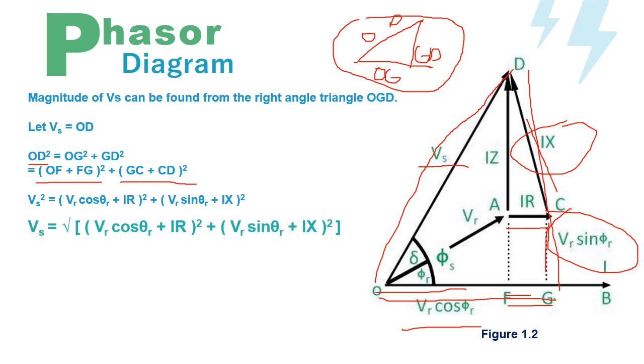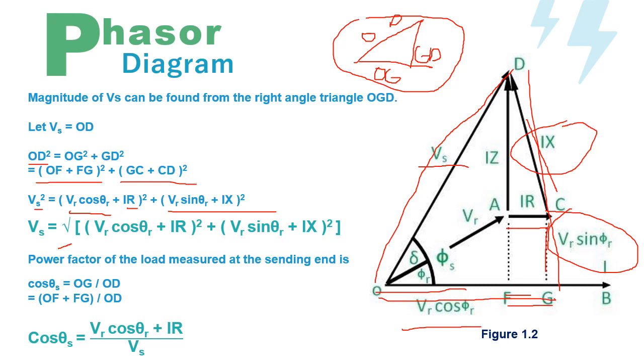Substituting the values in the formula, we will have VS squared equals (VR cosine theta R plus IR) squared plus (VR sine theta R plus IX) squared. Therefore, the sending end voltage will be the square root of (VR cosine theta R plus IR) squared plus (VR sine theta R plus IX) squared.